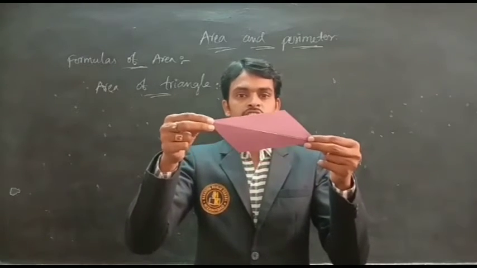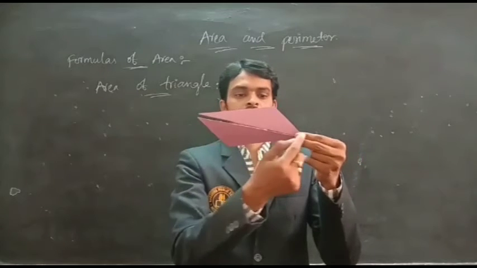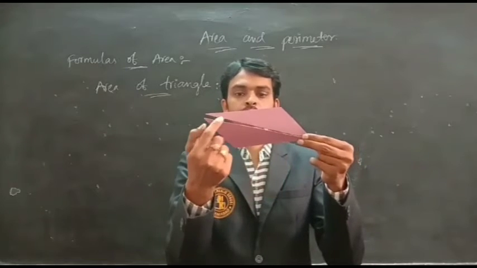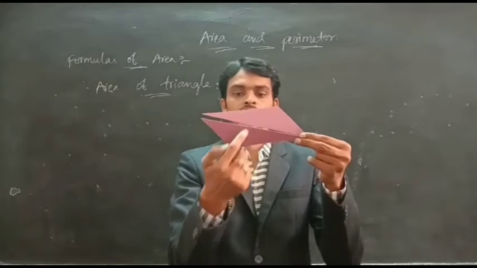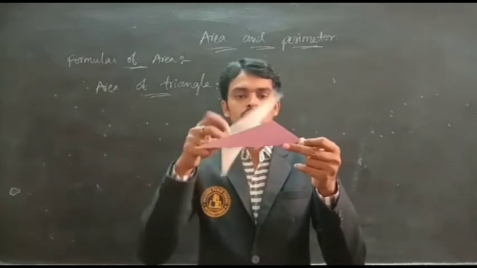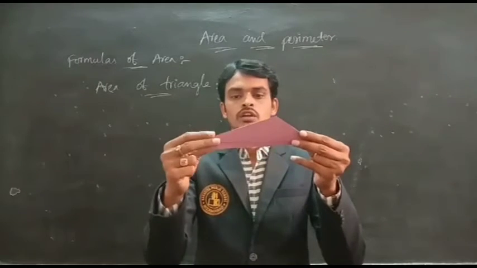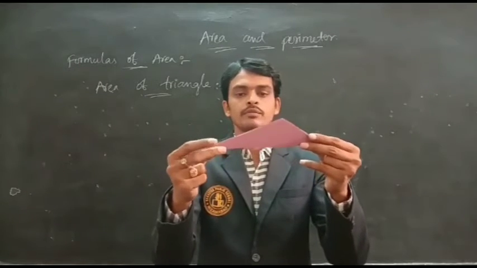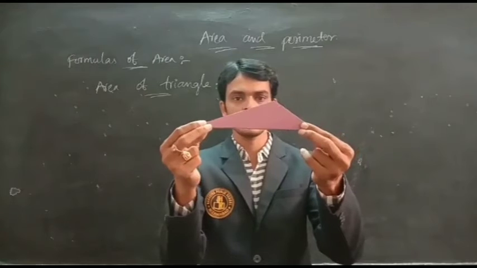So the diagonal divides the parallelogram into two triangles of equal area, like this. If you put them in one place, are they superimposed on each other? Yes.